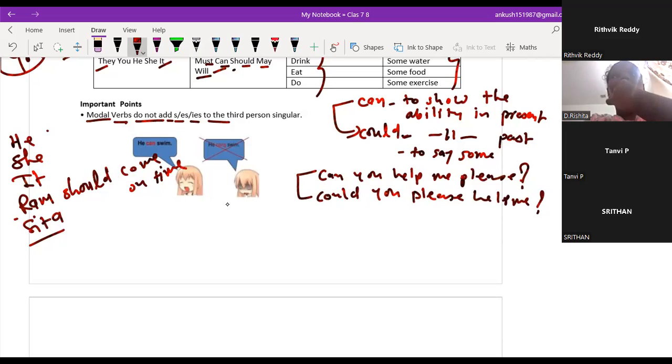Modals do not add S, ES or IES at their end. For example, can you read this example? He can swim. And what is incorrect here? "He cans swim." That is wrong. Okay.